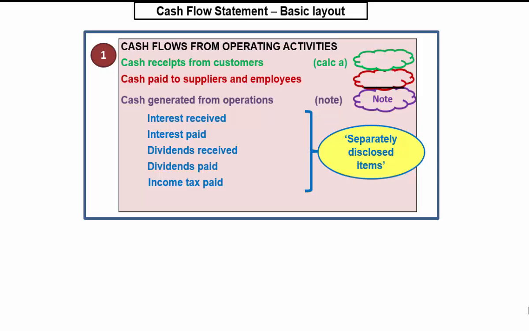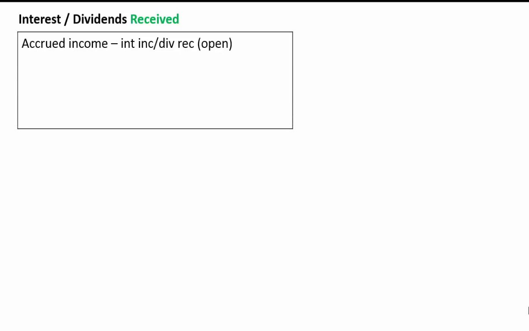Interest received and dividends received are very similar calculations, so I'm going to do them together. To work out how much interest or dividends were received during the year, you would take any outstanding accrued income for that interest or dividends at the beginning of the year, the opening balance.